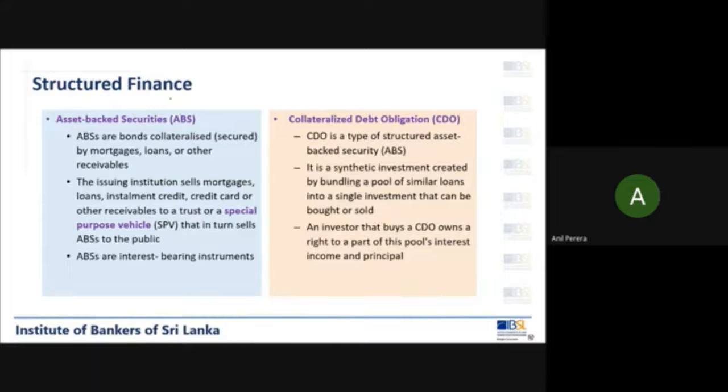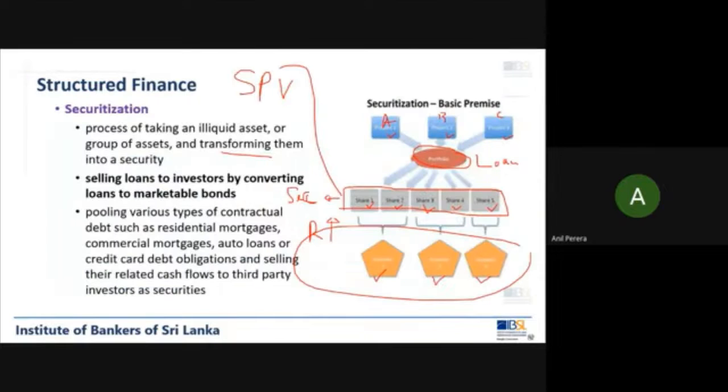These asset-backed securities and CDOs operate in the same way. Why? They are created through the securitization process. In this securitization process, you sell these CDOs or ABS, right? How have these been created? Based on these loans. Loans for housing, loans for automobiles, loans for factories.